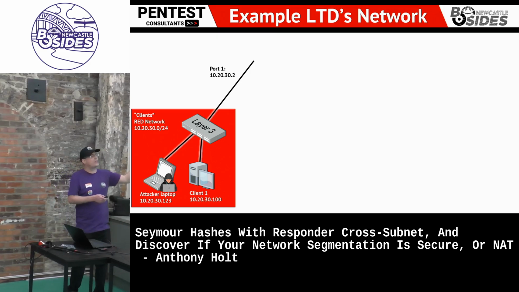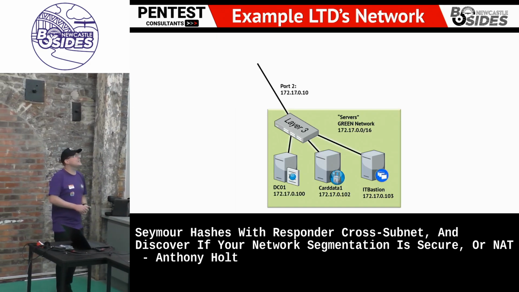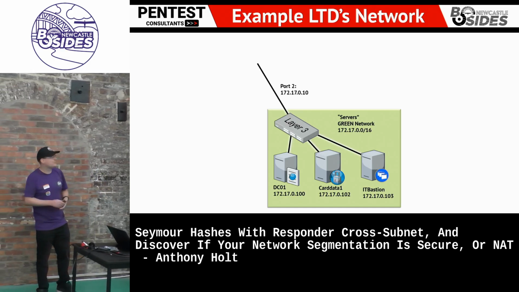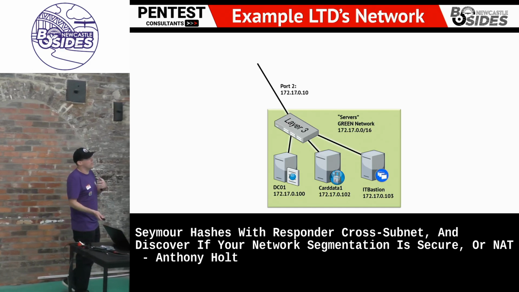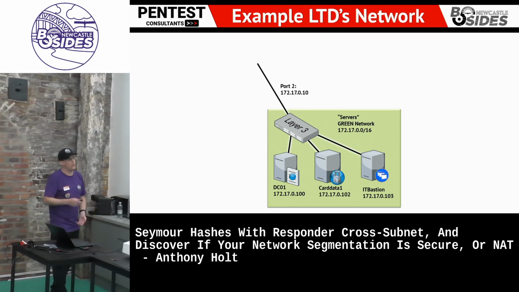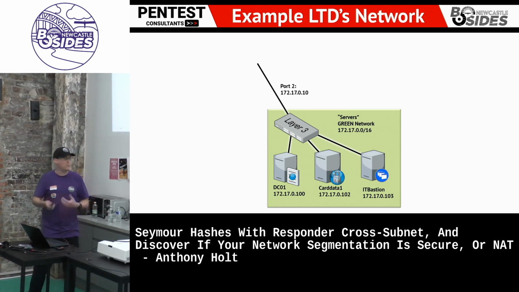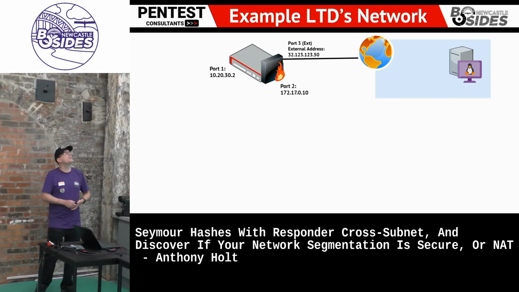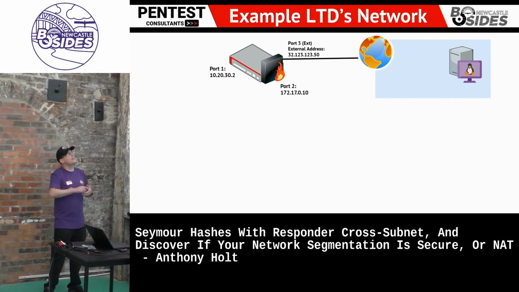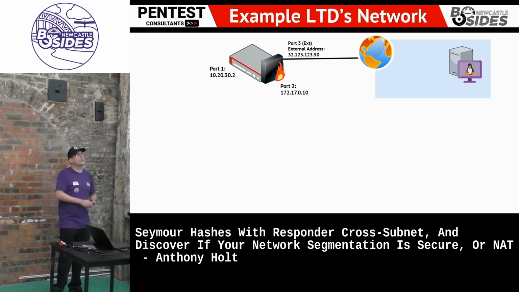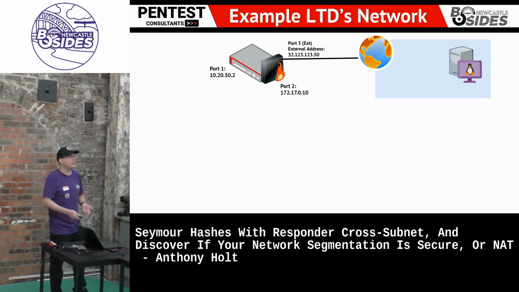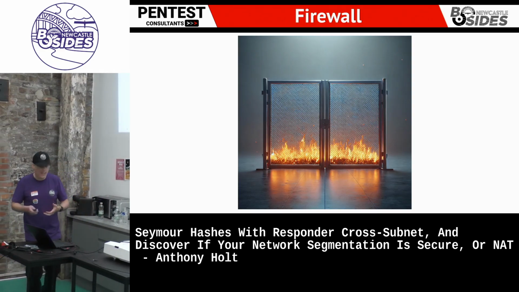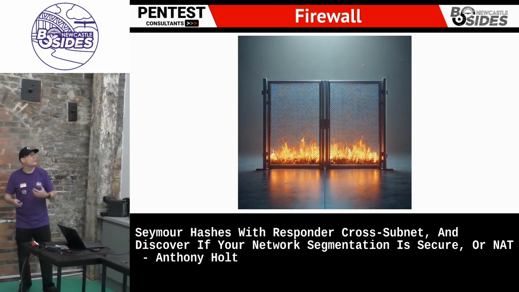Separately, we've got what was green and is now coming out yellow, a servers network, which contains things like your domain controller, maybe a card data server, maybe your IT jump box, that kind of thing. We've also got at the top a firewall, which allows traffic between the networks to some extent and also allows people to connect out to the internet. So those of you who don't know what a firewall is, that's fine. I'll explain the main thing you need to know.